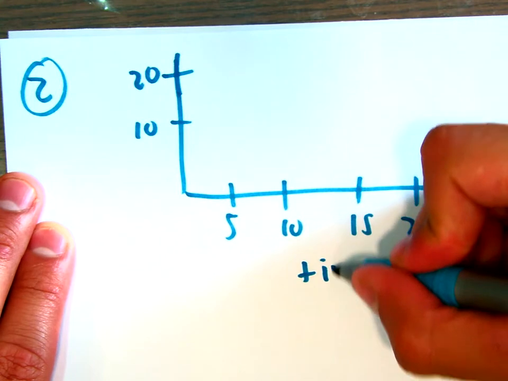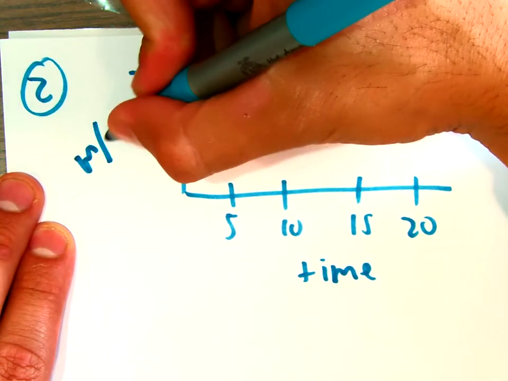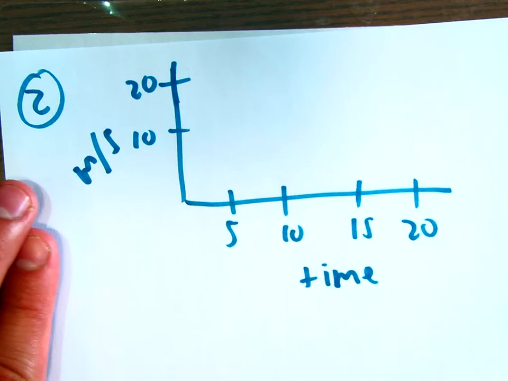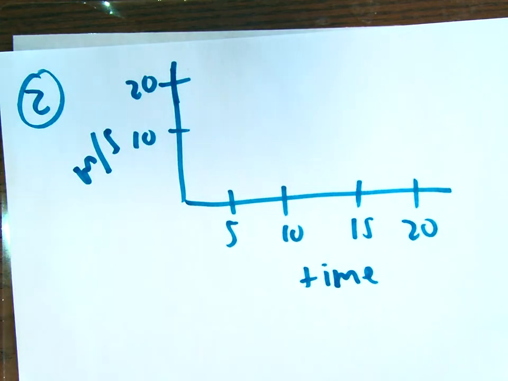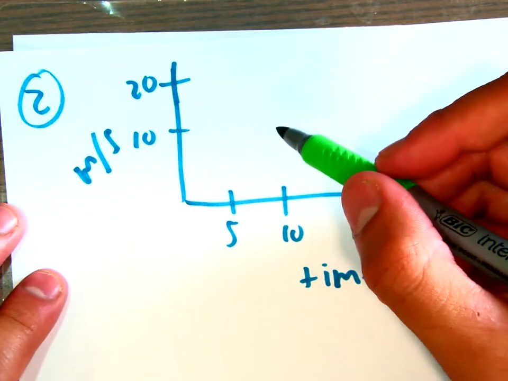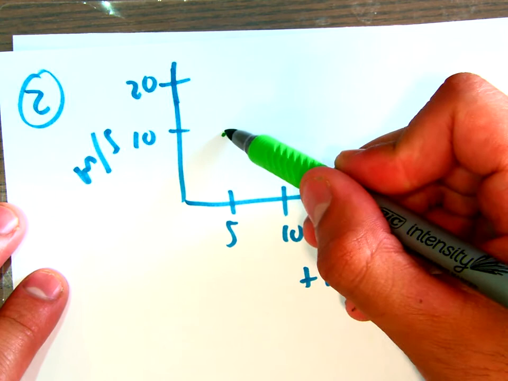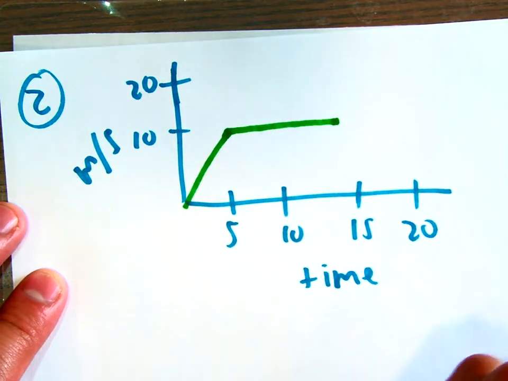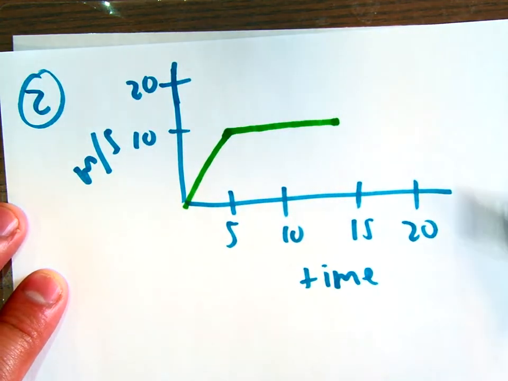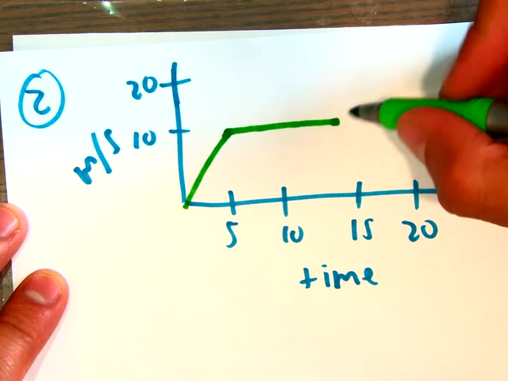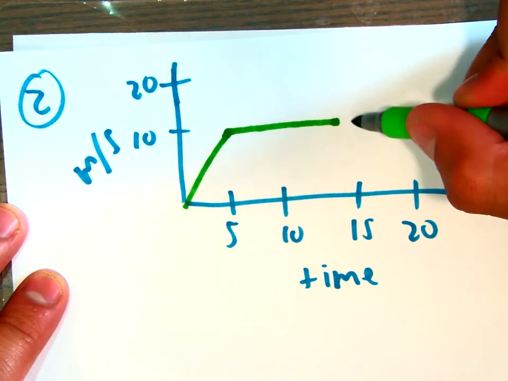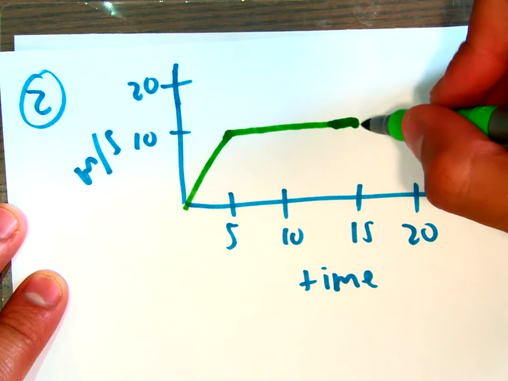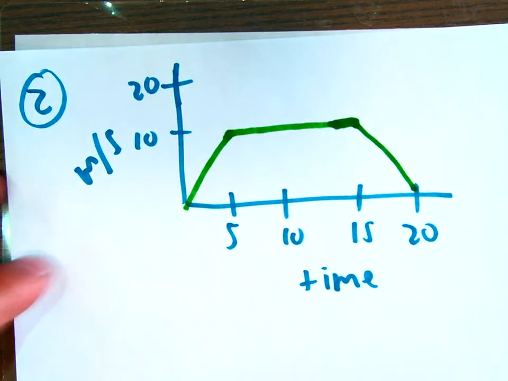This is time, meters per second. Let's create a quick graph here. Let's say we travel, looks like this, then it looks like this, then it looks like, let's go all the way up to 15 here, and then back down. So just keep it simple, okay?